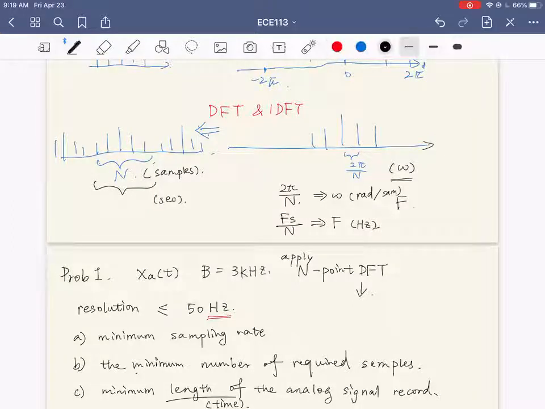this. So in the frequency domain, when we apply DTFT, we have the range between minus pi to pi, or negative fs over 2 to positive fs over 2, right? So these are matched. And for DFT, for convenience, we shift it to 0 to 2 pi.